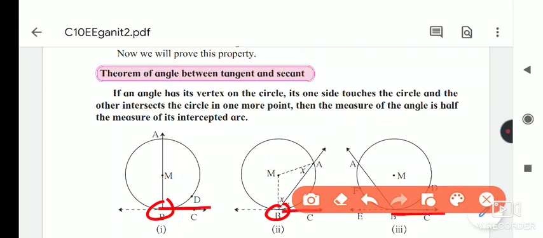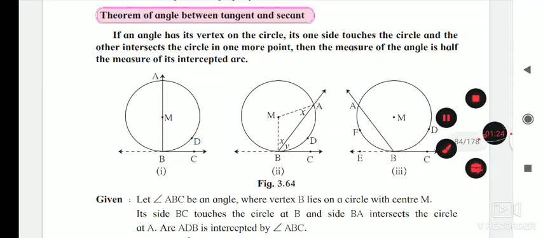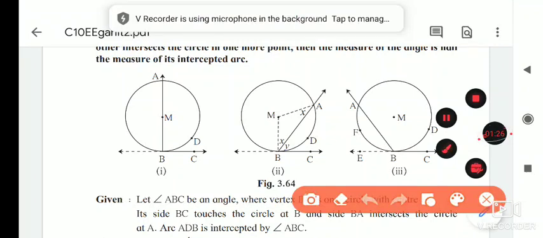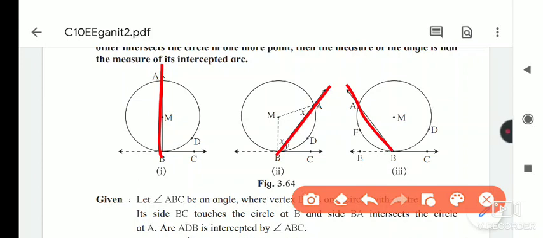Next, the other arm of the angle intersects the circle in one more point. This is another arm of the angle, and it intersects the circle. So BC touches the circle and AB intersects the circle at another point, and B is the vertex and one of the points on the circle.